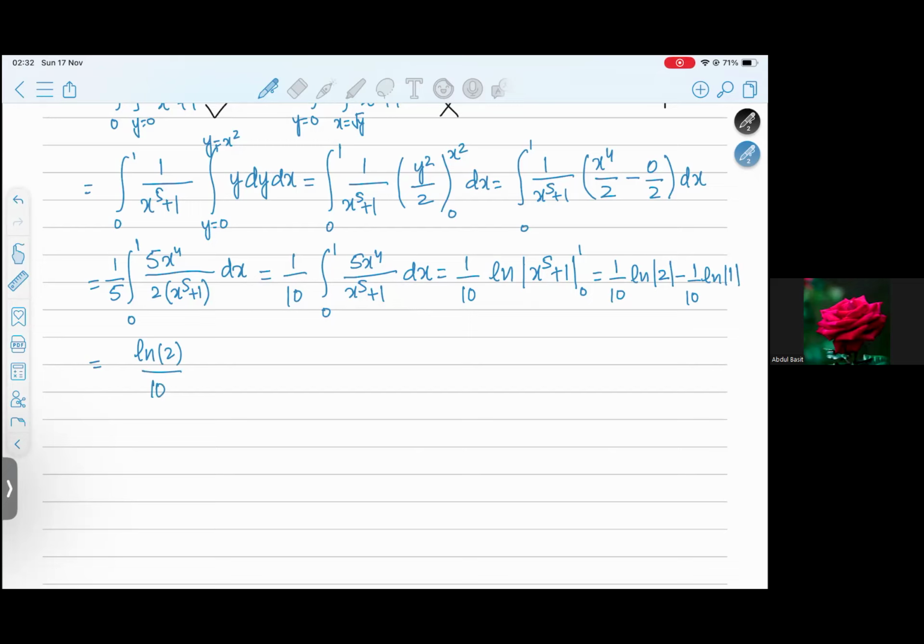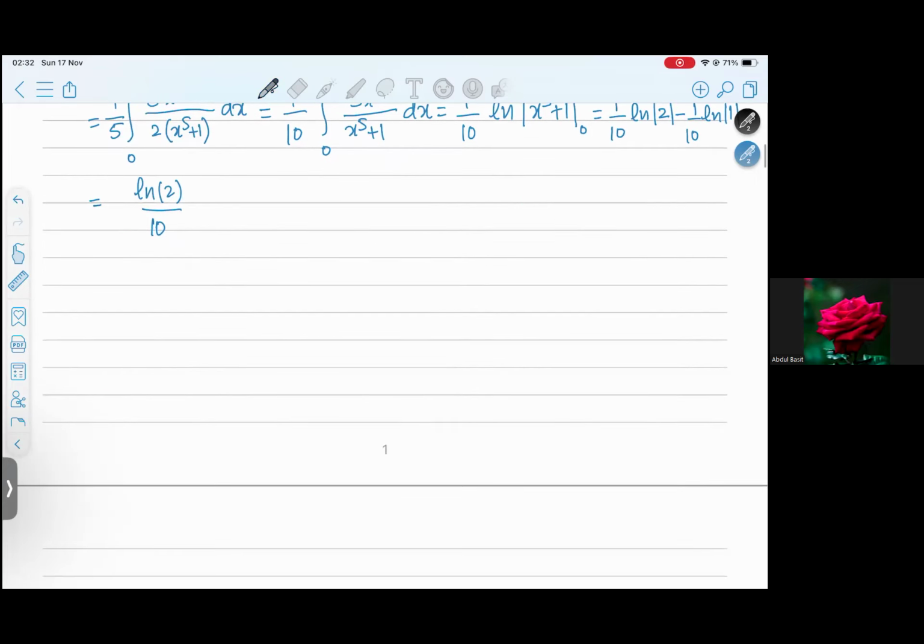Okay, and the next question is evaluating the double integral. The outer integral is from y is equal to 0 till y is equal to 8, and the inner one is x is equal to cube root of y till x is equal to 2, of e to the power x power 4 dx dy.